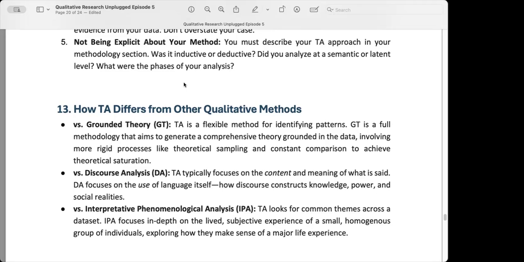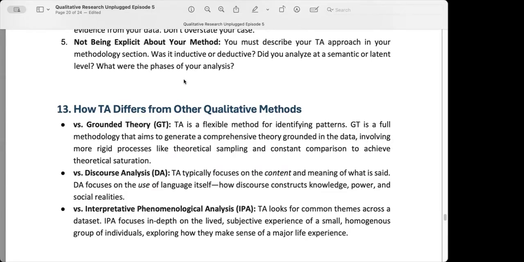Grounded theory, however, is a much broader, more comprehensive methodology with a very specific, explicit aim: to generate a substantive theory that is grounded specifically and systematically in the data. GT involves more rigid and systematic processes than TA typically does, such as theoretical sampling, where data collection decisions are actively guided by the emerging theory, not fully pre-planned, and the technique of constant comparison, continuously comparing data with codes, codes with categories, categories with the emerging theory, in order to achieve theoretical saturation.